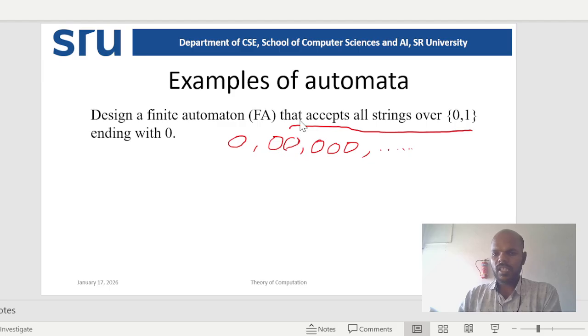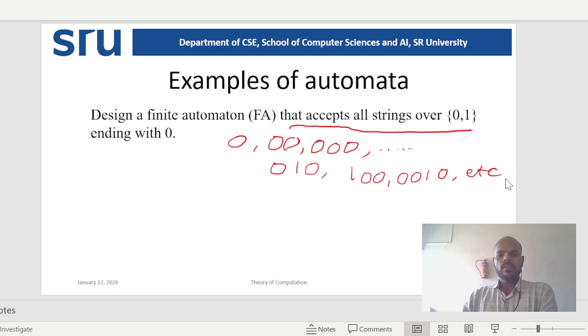One more string is 010, it should get accepted. And one more, 100, accepted, 0010 and so on. These are the strings it should accept.